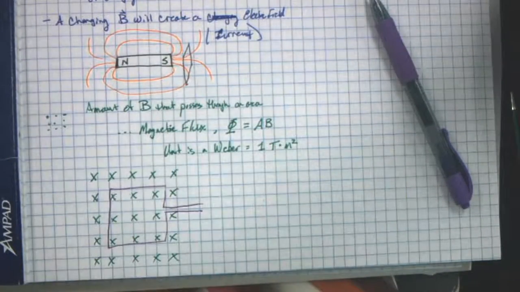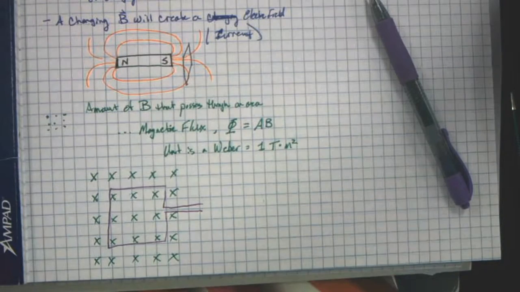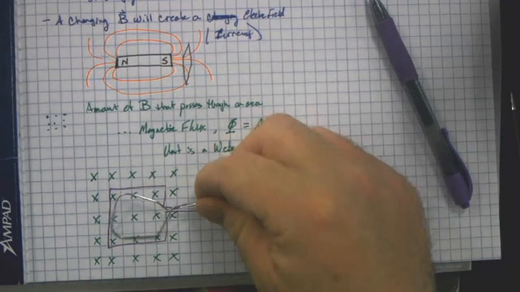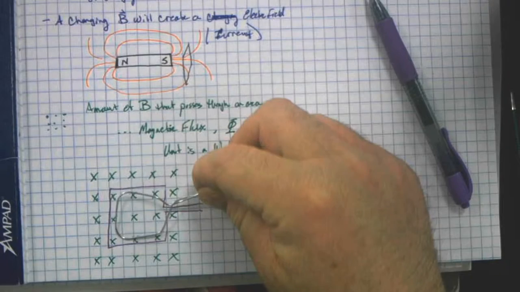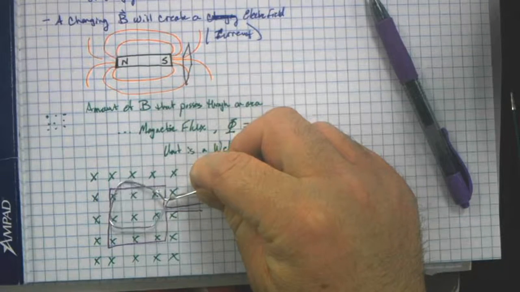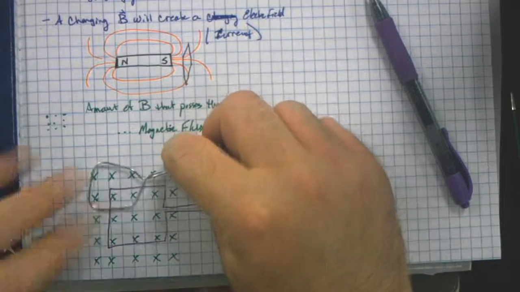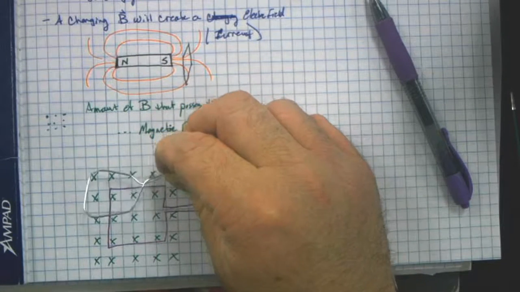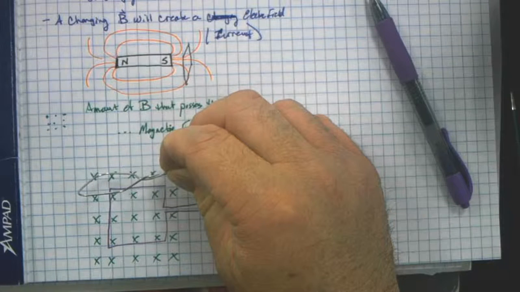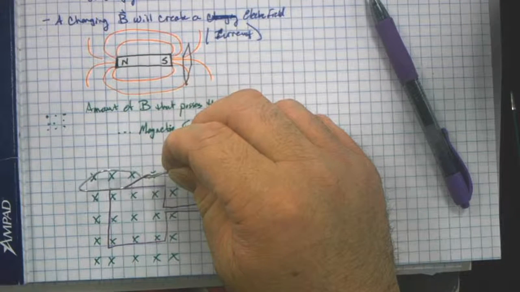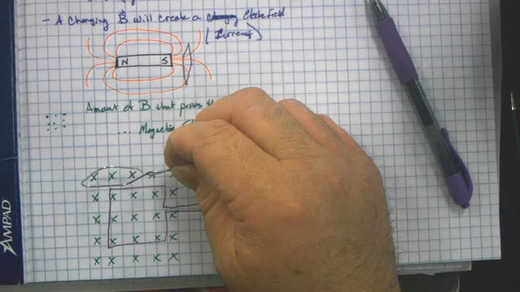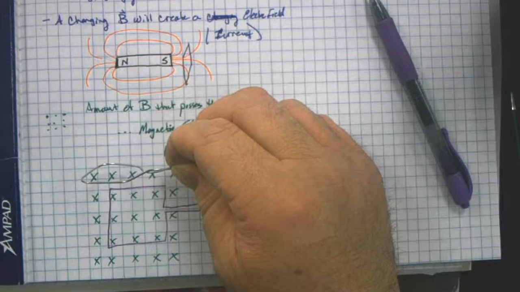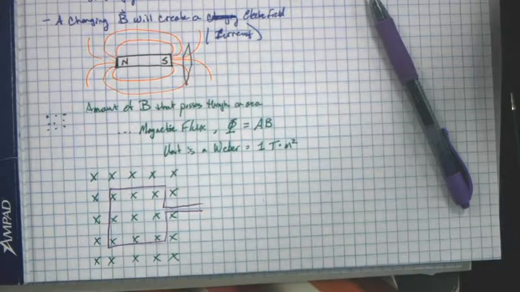What if I start spinning this? If it's just laying flat, this one looks like it can hold 6 lines. But what if I spin it? How much is passing through? It's less. Now, did the area of my loop change?